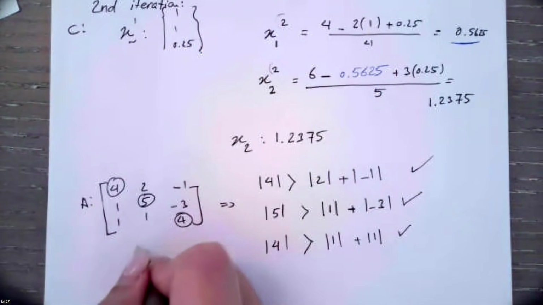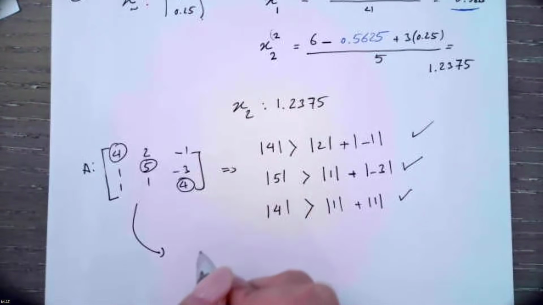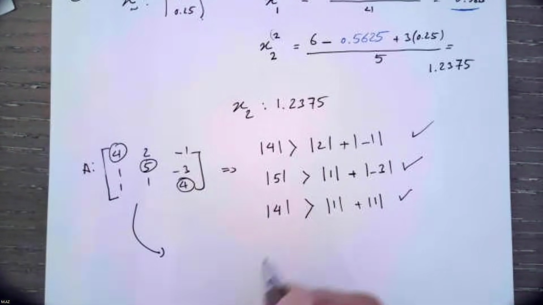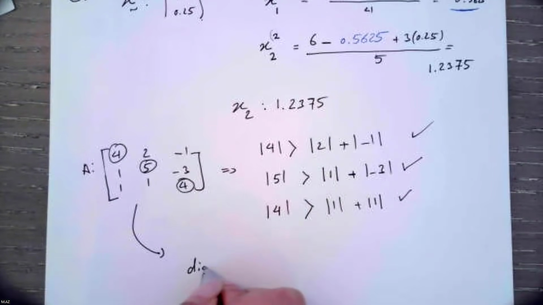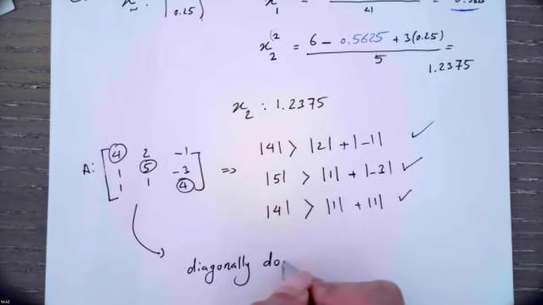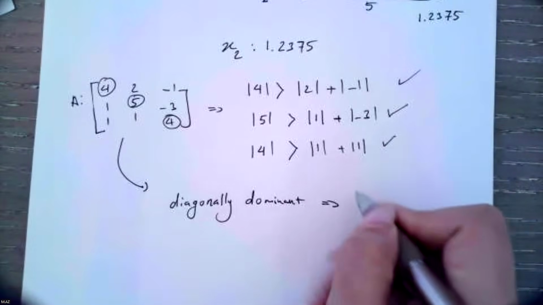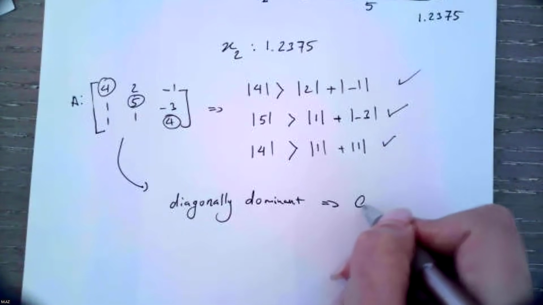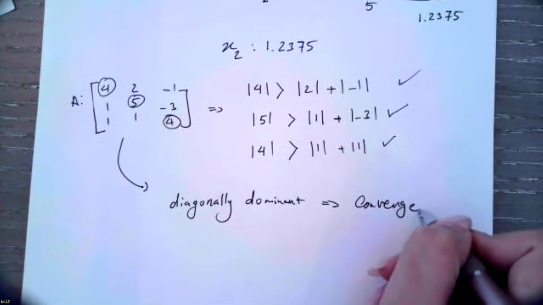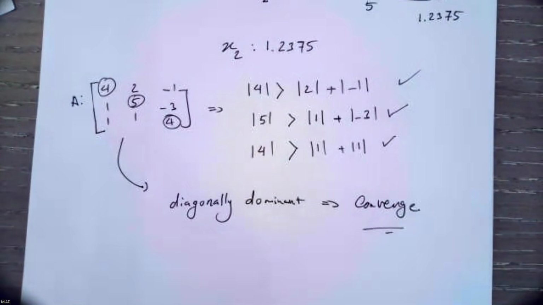Now we can say the matrix of coefficients is diagonally dominant. Therefore, the solution will converge. This rule also applies for the Jacobi method.